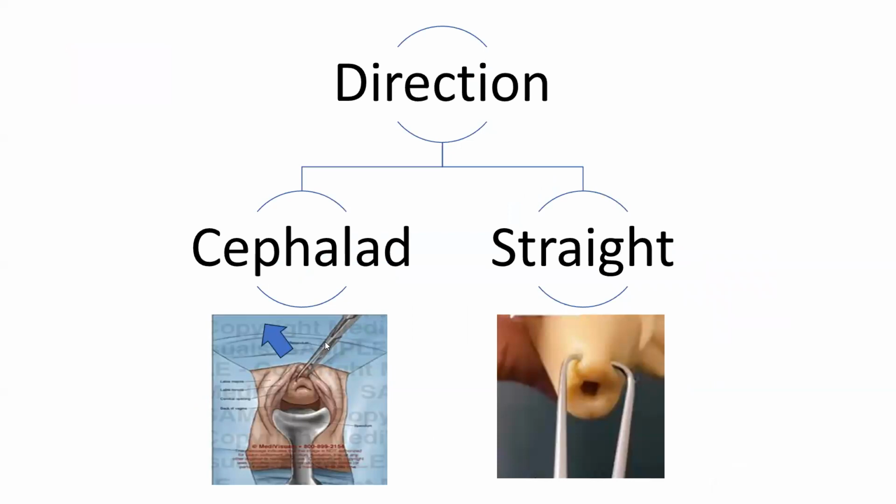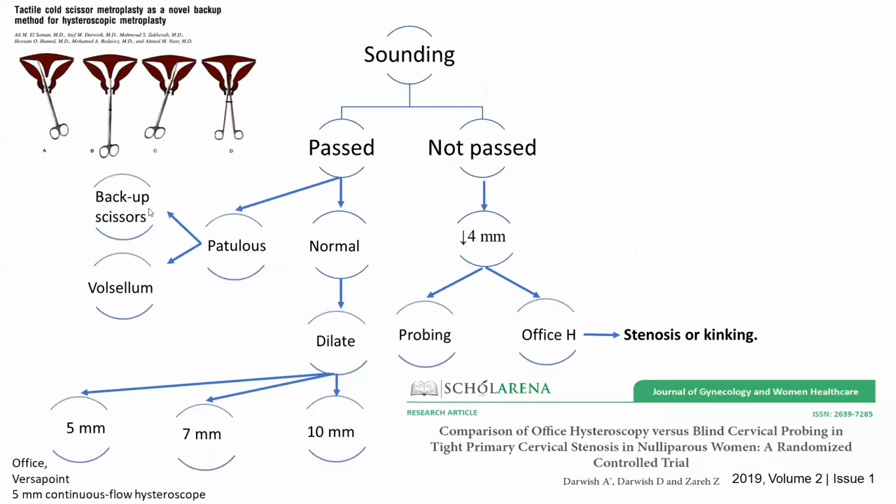Importantly, if the uterus is AVF, you have to grasp the anterior lip and ask your assistant or nurse to push the tenaculum towards the patient's head, cephalad, and if it is RVF, you can pull on the cervix in a straight manner. So the direction of grasping the cervix is important.